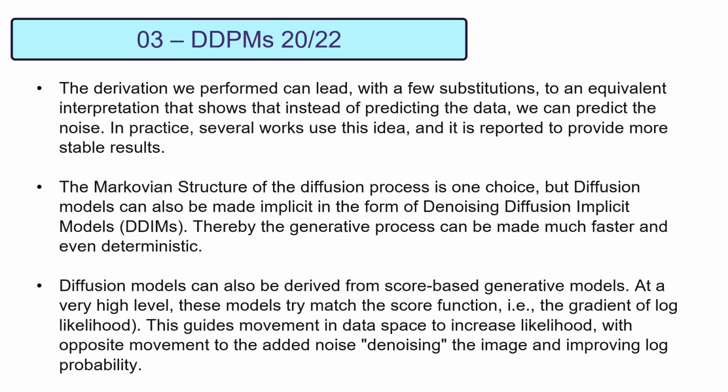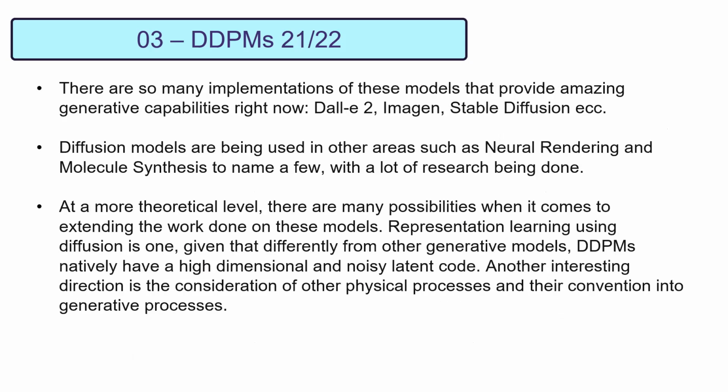If you move in the direction which maximizes the gradient of the log likelihood, you go opposite in terms of space to the noise, because where the noise is high, the data likelihood is low. So you go opposite to the noise to maximize the gradient. I won't go into details, because it's a totally different way of looking at the model.